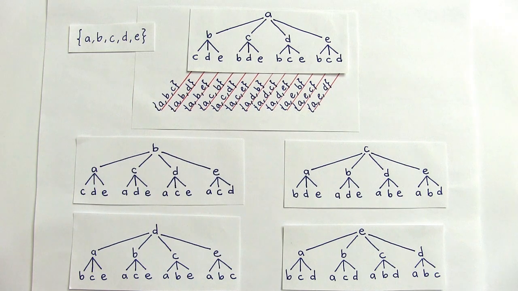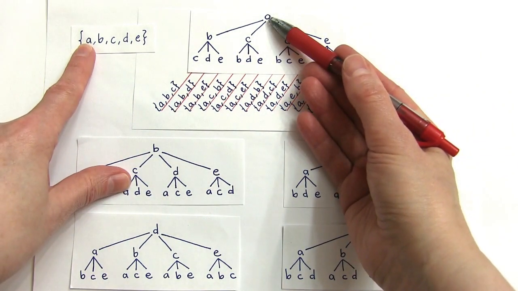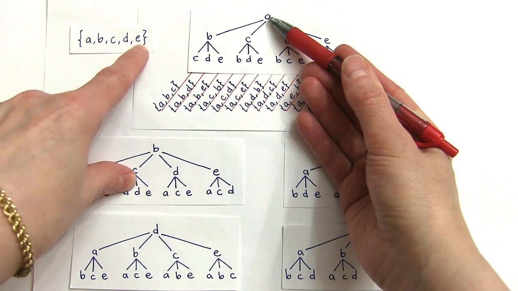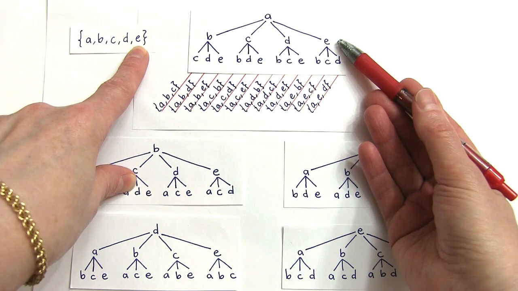First, choose a letter to start with. For example, let's start with the letter A. After that, we see that there are 4 ways that we could choose the second letter: B, C, D, or E.